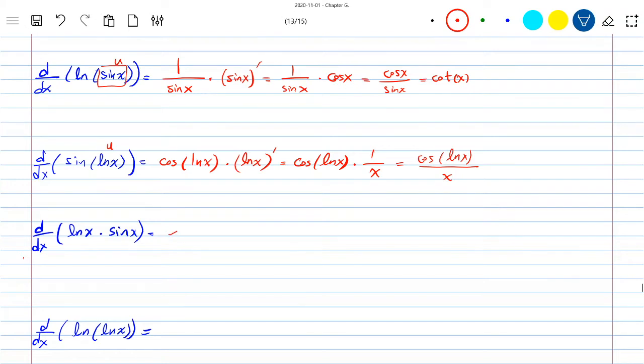It would be the derivative of the first function multiplied by the second plus the first function times the derivative of the second one. And then you can calculate: the derivative of ln x is 1 over x times sine x plus ln x times the derivative of sine x, which is cosine. This is the difference between the product of ln x and sine x and ln composed with the sine function.